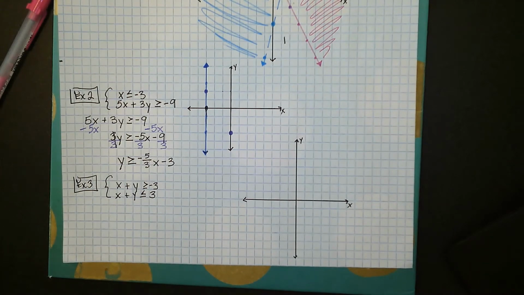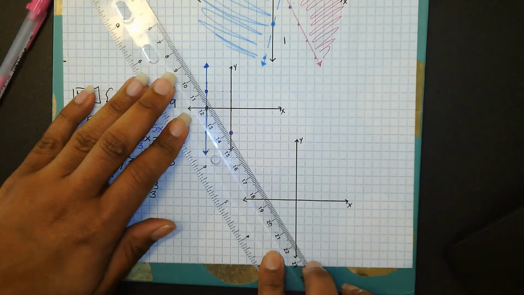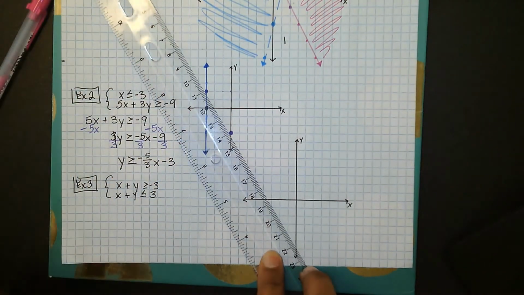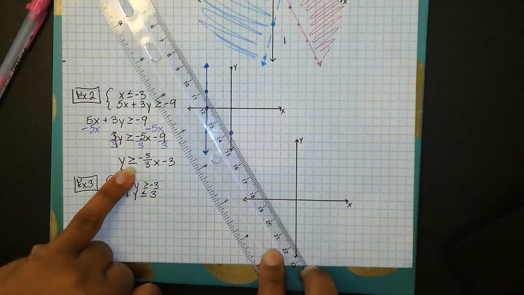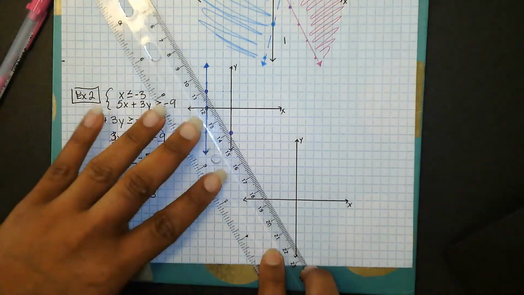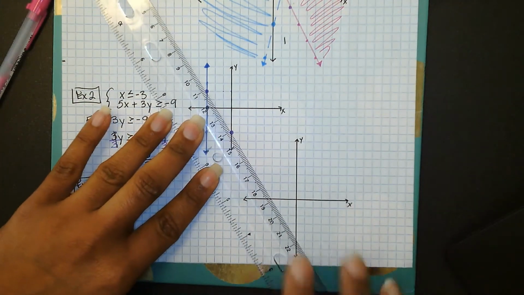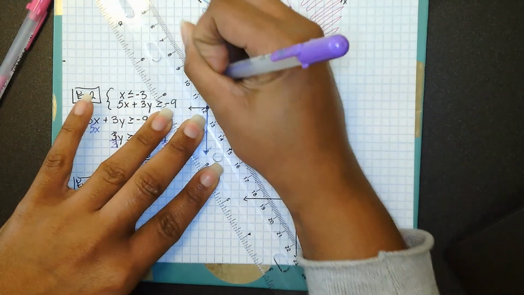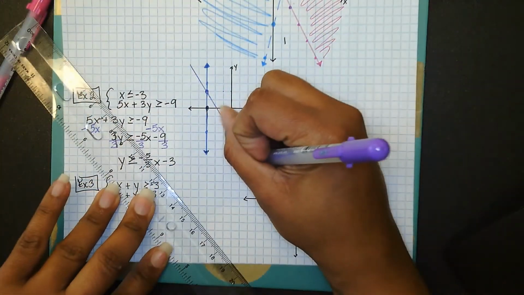Now, because of the slope, I don't have room to add any more points, so I'm going to go ahead and connect my 2 points. We have a greater than or equal to, so that means I'm going to connect with a solid line, just as before.